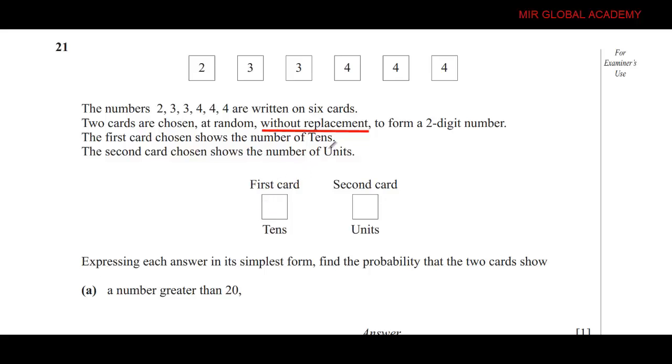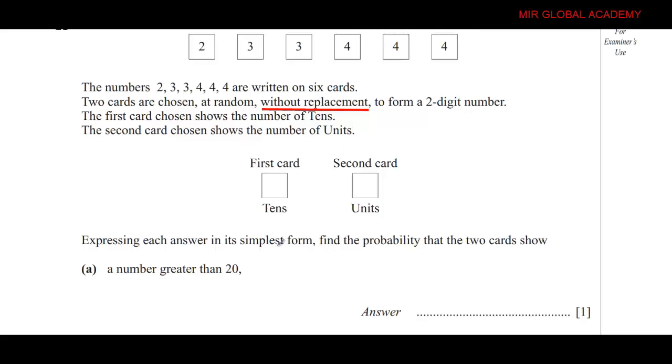So now we have to express in the simplest form the probability that the 2 cards show a number greater than 20. To show a number greater than 20, the first card should be 2 or greater than 2. And all the 6 cards are 2 or greater than 2. So the probability will be 6 out of 6.